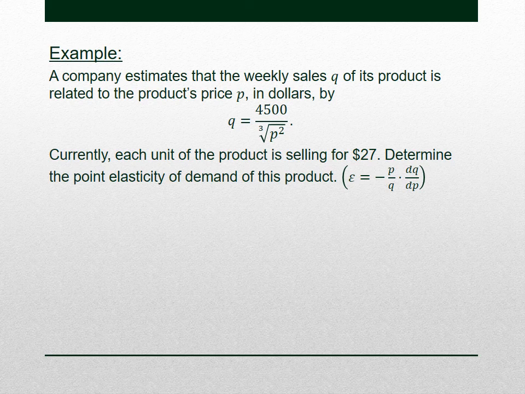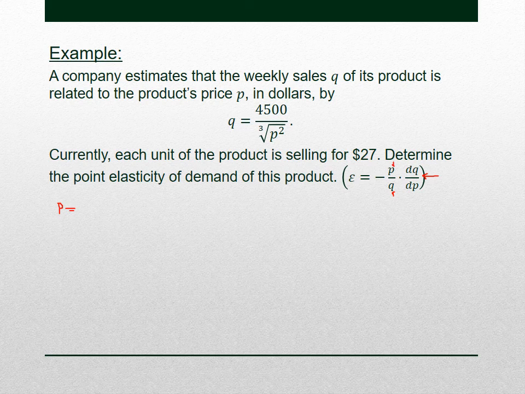So how do we do this? Well, in order to plug things into this, we need P, which is here, and we need Q, and we need dQ/dP, and that dQ/dP should be a number, which means we need to find dQ/dP and then plug in whatever we need to turn that into a number. So what is P?